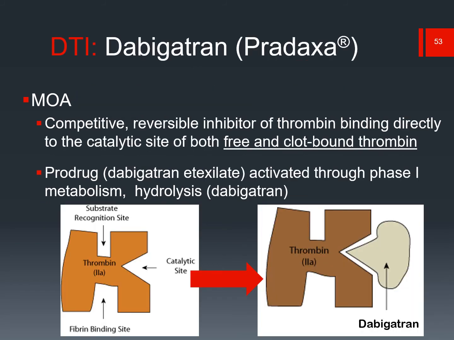Dabigatran, branded as Pradaxa, will bind and reversibly inhibit thrombin through free and clot-bound thrombin. Not important that you really remember which ones are free or clot-bound binding, but there are some differences between these drugs. When we look at dabigatran etexilate, that is how it's packaged in formulation.